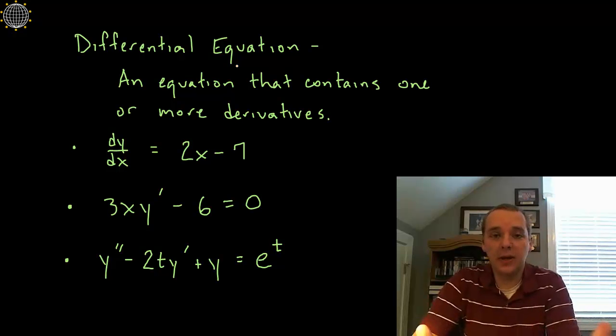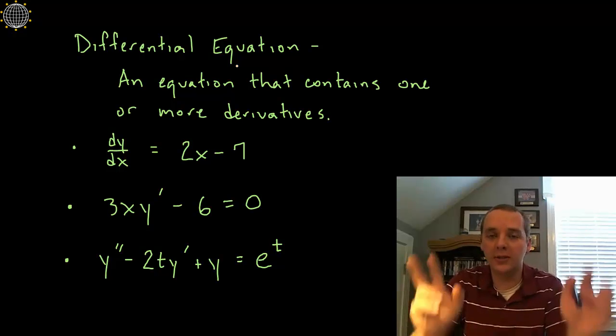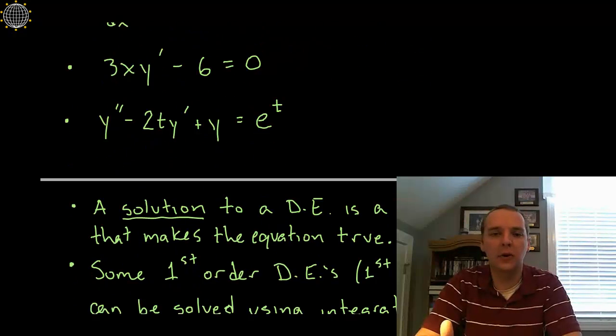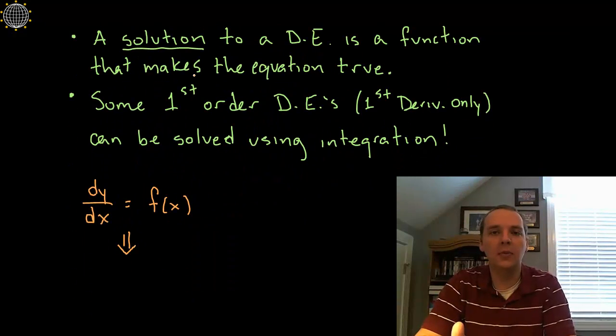Now, the big question we have now is, what do you do with them? Like, what's the answer to one of these guys? You know, what exactly do we solve for? Well, here's a couple comments. A solution, here's what an answer is. A solution to a differential equation is some function that makes the equation true when you plug it into the dependent variable.